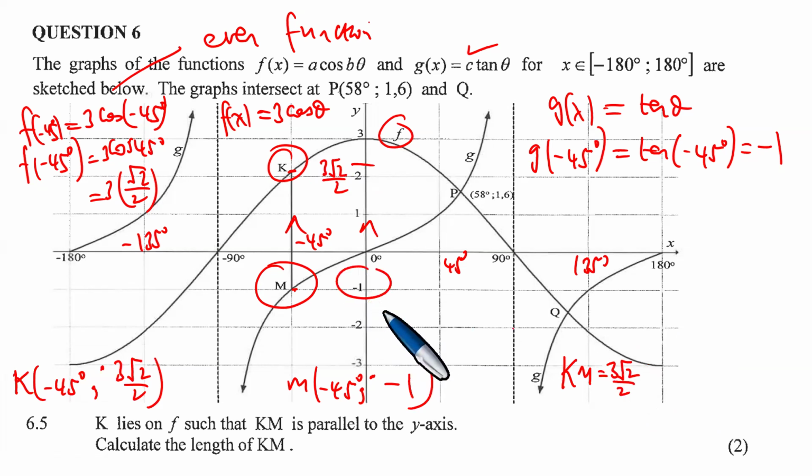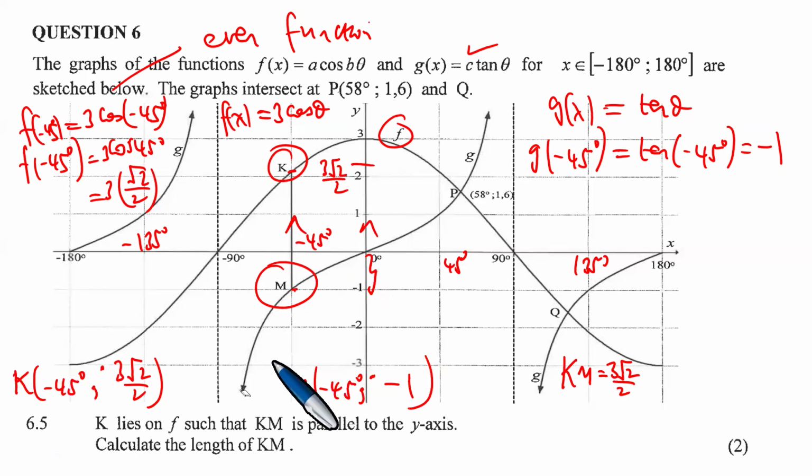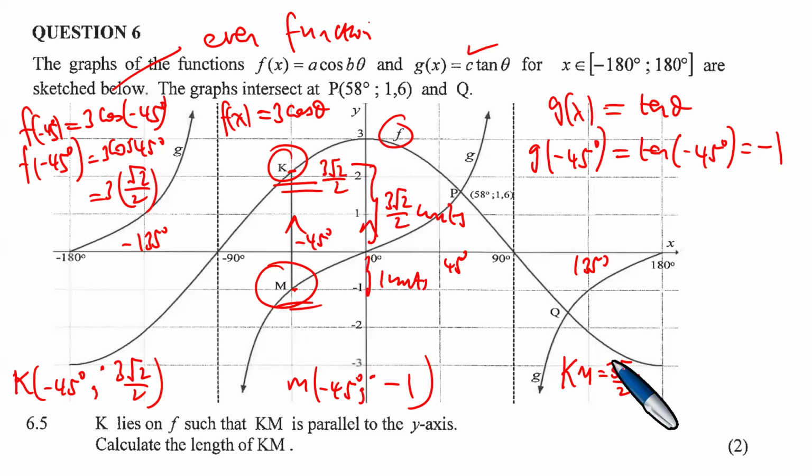So it means that the distance here is 1 unit, because we go from 0 degrees to -1 here. And then this one is 3 square root of 2 over 2 units of distance. So the total distance from K to M is going to be 3 square root of 2 over 2, and then you add 1 unit.